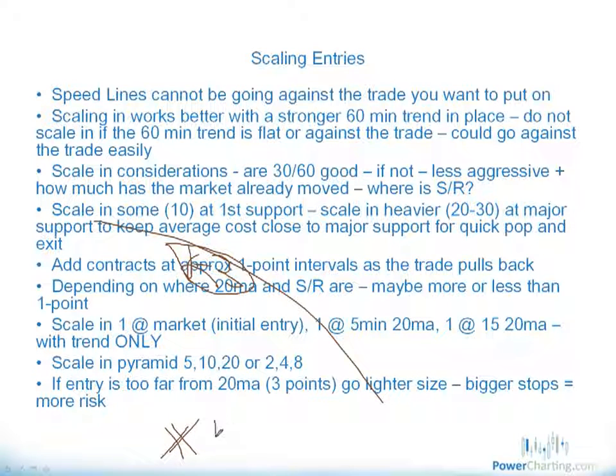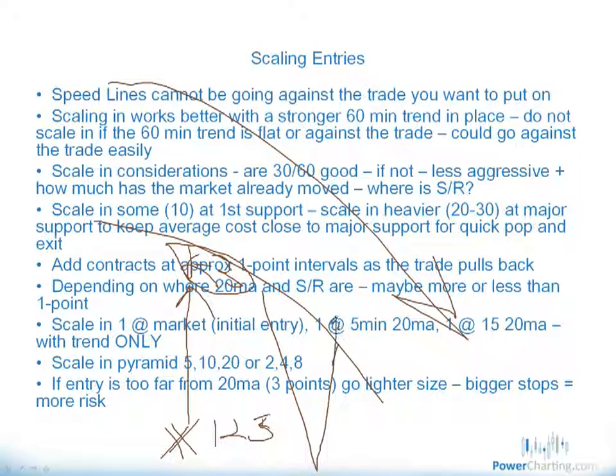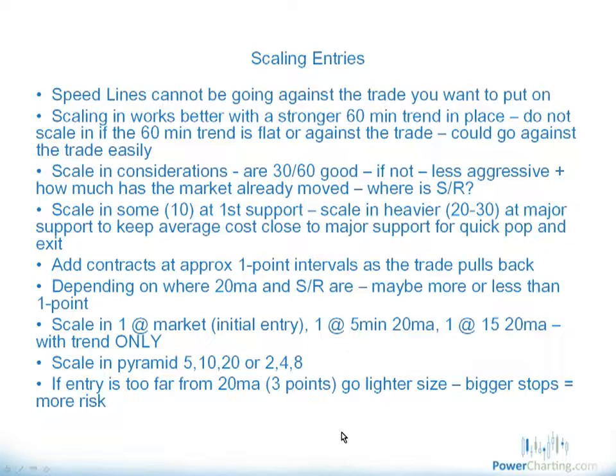This initial entry is going to be 1, 2, 5 contracts maybe, something like that, because I know I've got a real risk of having to ride this thing up for 2 or 3 points against me. That's why I said it's much better to take the trade in the direction of the trend once it pulls back closer to resistance. I've proven that here time and time again. Okay, so keep that in mind.